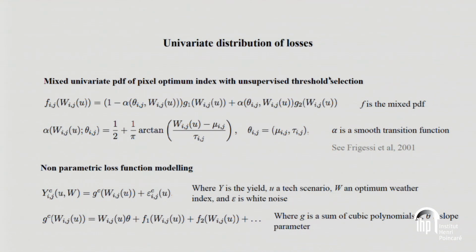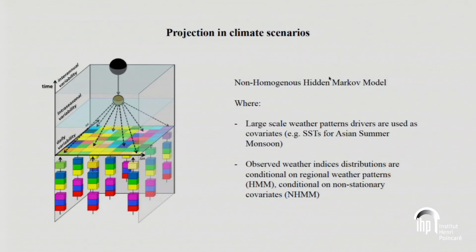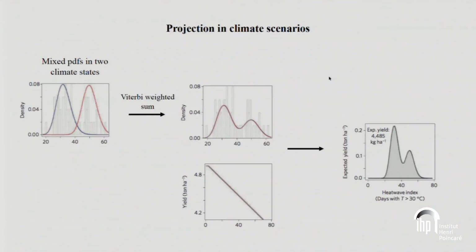So here, this is the probability distribution of an index in location ij. And here we characterize the loss function using a non-parametric function. Before going on, I'll go 2 slides back, but essentially, at the moment what I explained to you is that we have for each pixel the probability distribution of an index and its loss function.